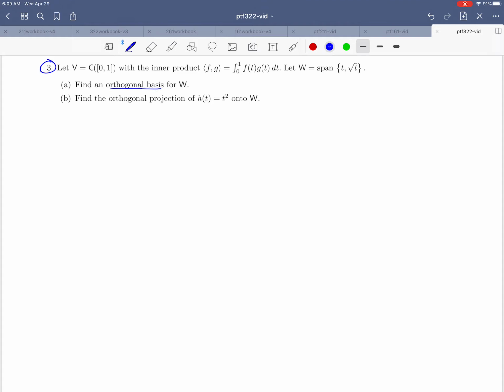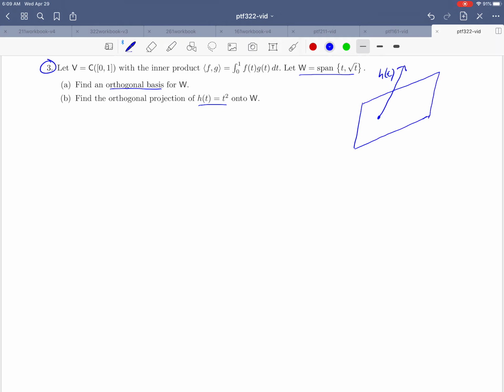Before we dive into this, I want to remind you graphically what we're doing when we find an orthogonal projection. You can picture this subspace W as a plane, and the thing we're trying to project is t squared. You can think of that as a vector that doesn't live in this plane, living up here maybe. So there's h of t.